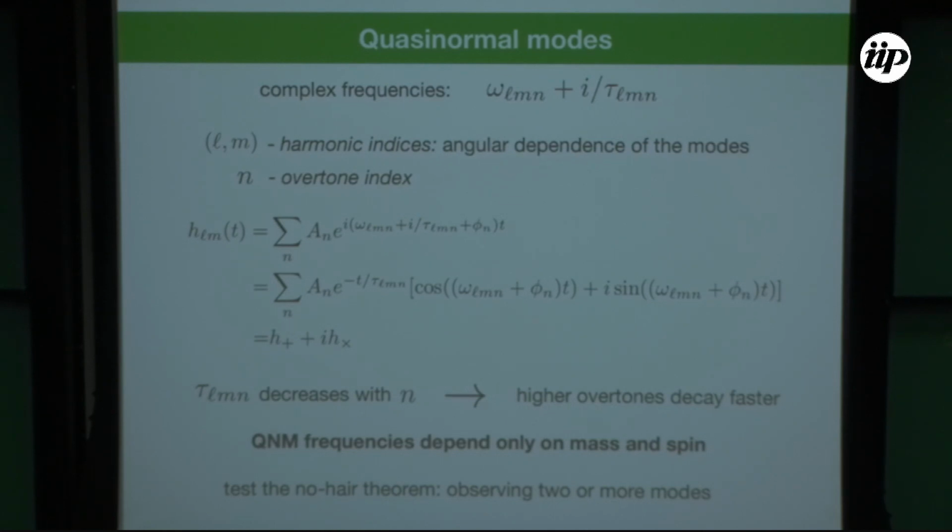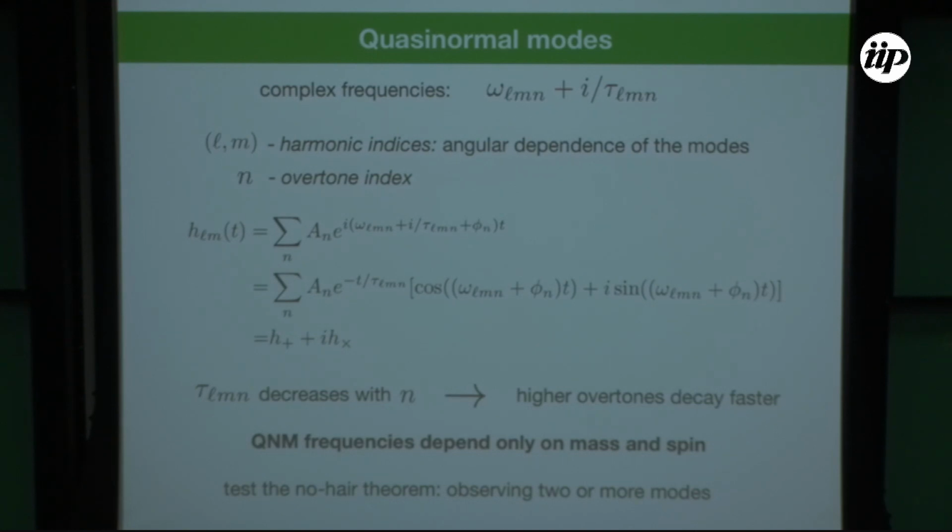And I also already told you that the quasi-normal mode frequency depends only on the mass and the spin of the black hole. So if we measure more than one frequency of oscillation and damping time of a black hole merger, we can test the no-hair theorem, which states that a black hole depends only on the mass and the spin, or if you want, the charge of the black hole.